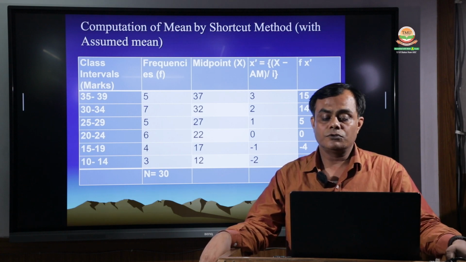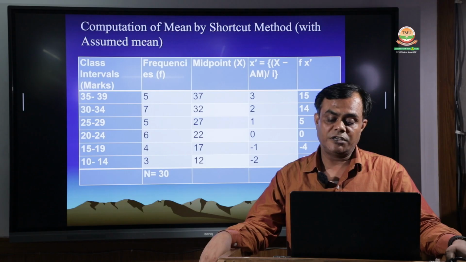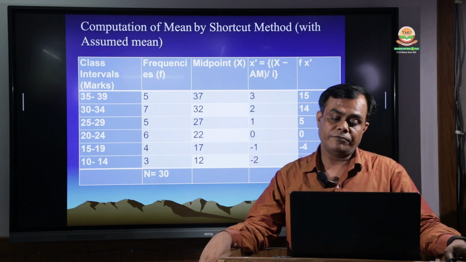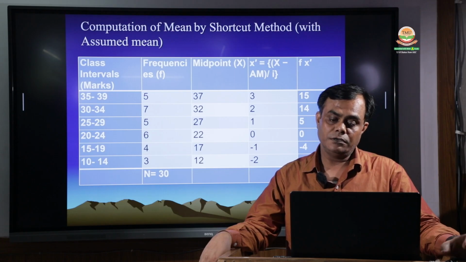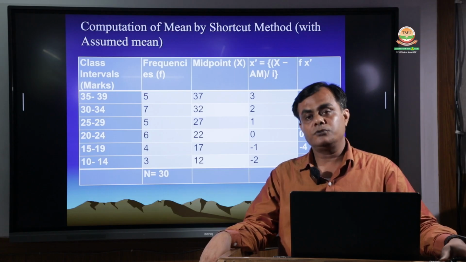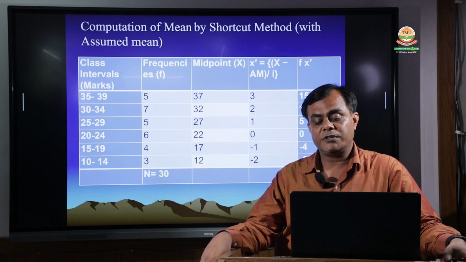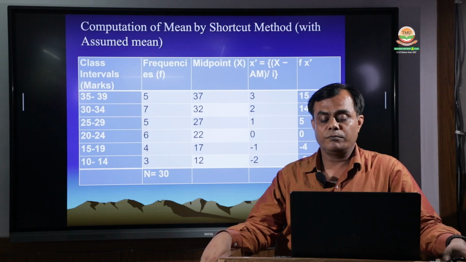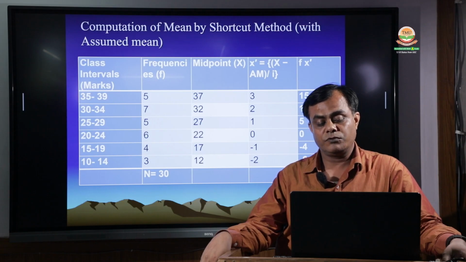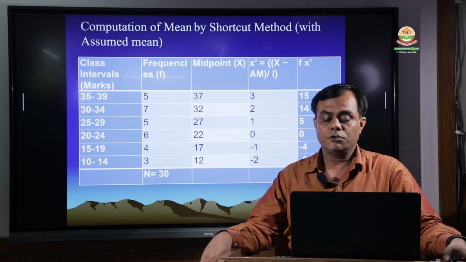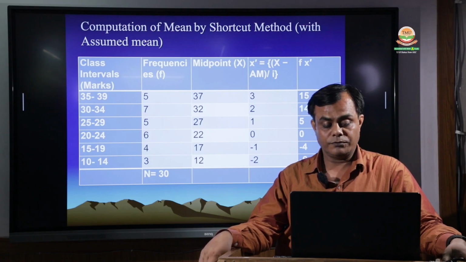On the basis of 3, 2, 1, 0, minus 1, minus 2, we calculate fx'. So 5 multiplied by 3 is 15, 7 multiplied by 2 is 14, 5 multiplied by 1 is 5, 6 multiplied by 0 is 0, 4 multiplied by minus 1 is minus 4, and 3 multiplied by minus 2 is minus 6. So sigma fx' is 24.